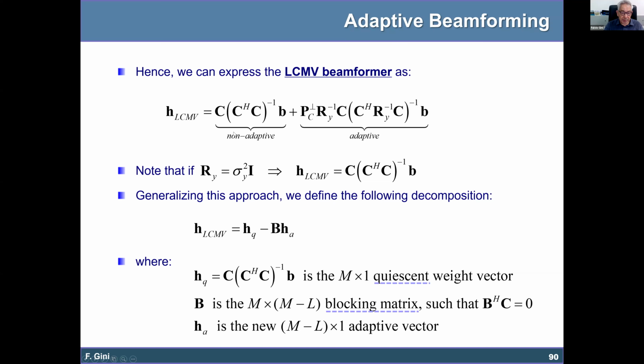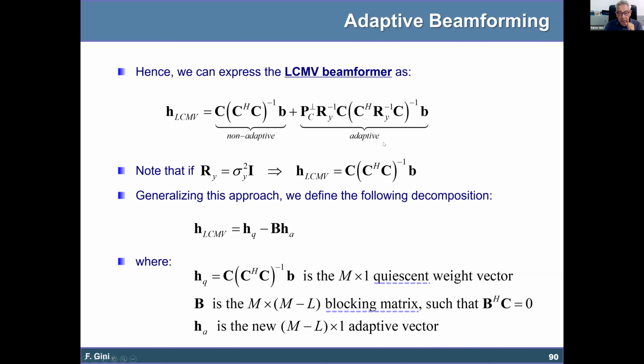When you make the replacement of Ry with the sample matrix estimate, the replacement is only in the second term. So the first term, I repeat, is not adaptive. So basically, we have decomposed the impulse response of the beamformer as the sum of two terms, and the first term has the very important property that it is not adaptive.